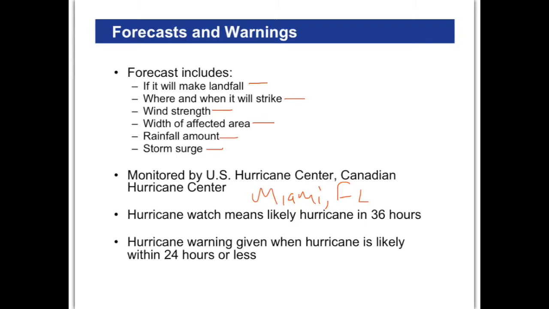If a hurricane watch is issued, that means a day and a half from now, within 36 hours, you're likely to get a hurricane. If a hurricane warning is issued, that means within 24 hours a hurricane is bearing down on where you live, and so you need to take precautionary measures.